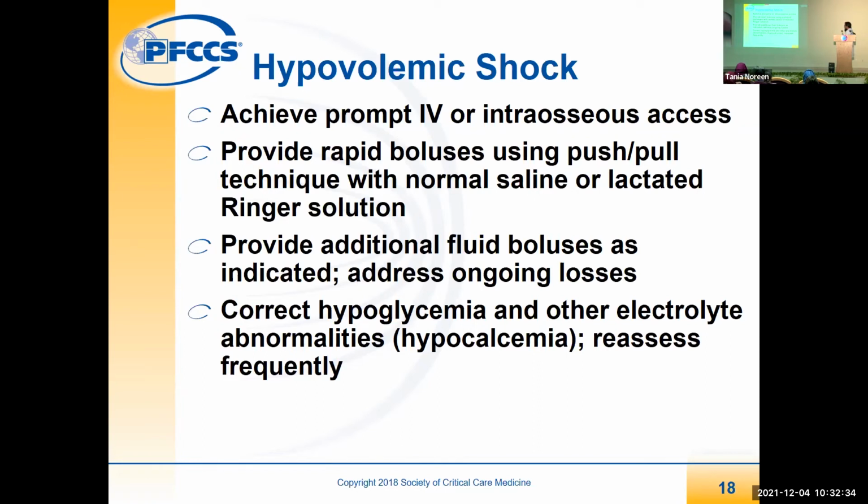If the patient is losing more and more, we need to give additional fluids. Hypoglycemia, especially in this age group, is very common and needs to be fixed, and electrolytes, especially hypocalcemia, are also very important in younger babies. So we give the volume and reassess: detection, intervention, and then reassessment. It is an ongoing process.